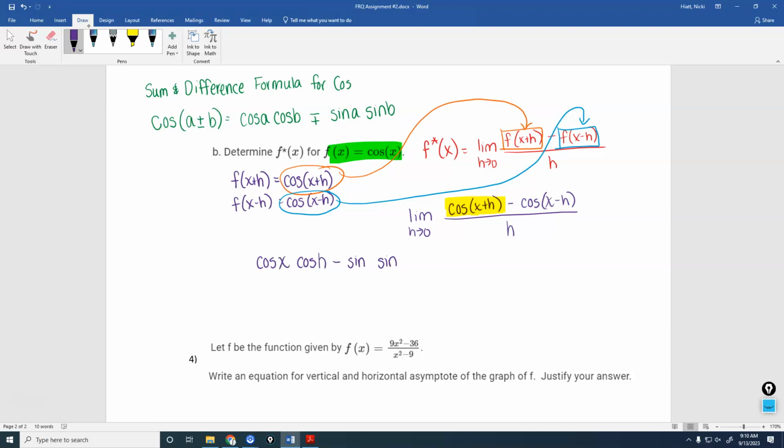We change our sign right here in the middle. It's going to be minus. And it'll be x here, h here. All of this is just cosine x plus h.